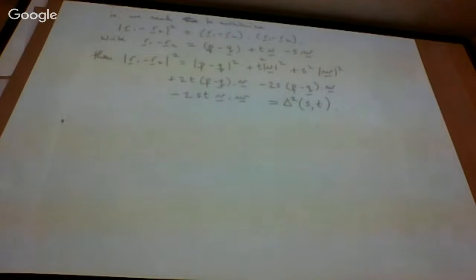In a few lectures' time, we'll be going on to consider how you find stationary points, optimum points, minimums and maximums of functions of two variables.